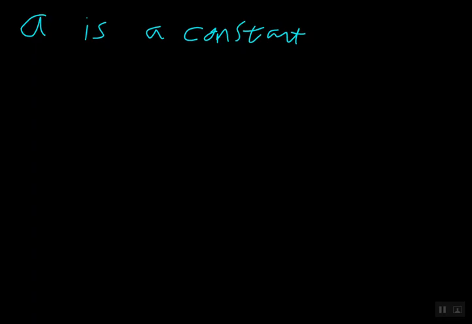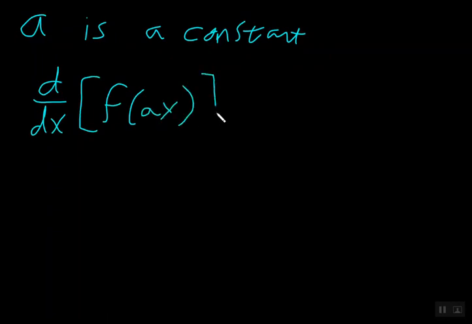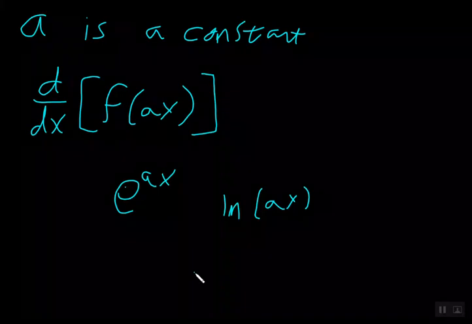And I want to take the derivative with respect to x of some function of ax. What that would mean is, this would look something like e to the ax, or the natural log of ax, or even the square root of ax.